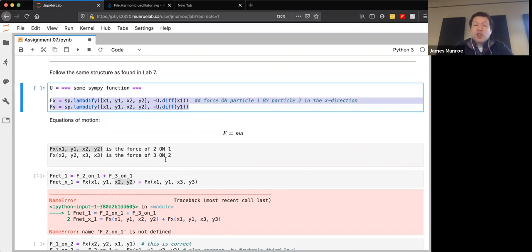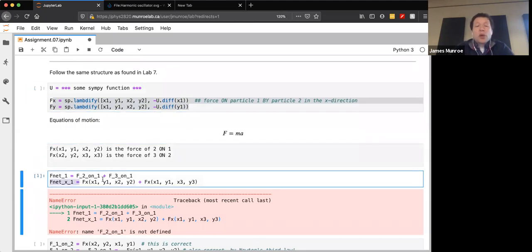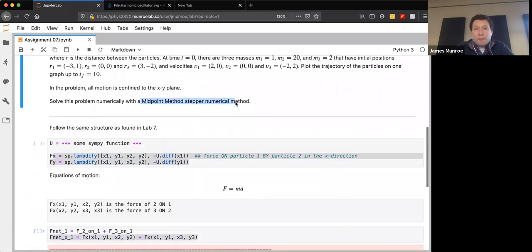And then write lines of code that figure out or calculate what the components are of the force. That's what goes inside of a stepper. And I want you to solve that whole system using the midpoint method. You have in the lecture already the framework of how to solve any dynamical system using the midpoint scheme. Is that enough information to let you finish off assignment number 7, or is there something you'd like to clarify?